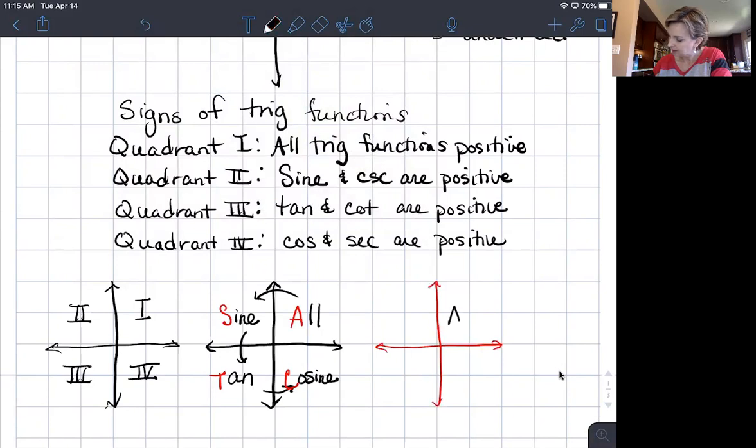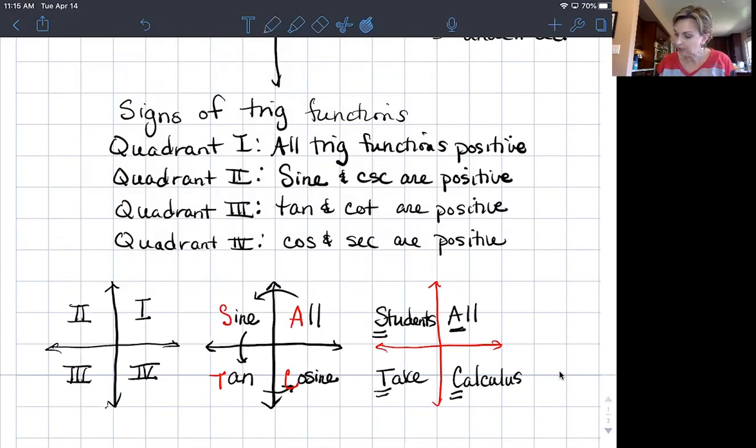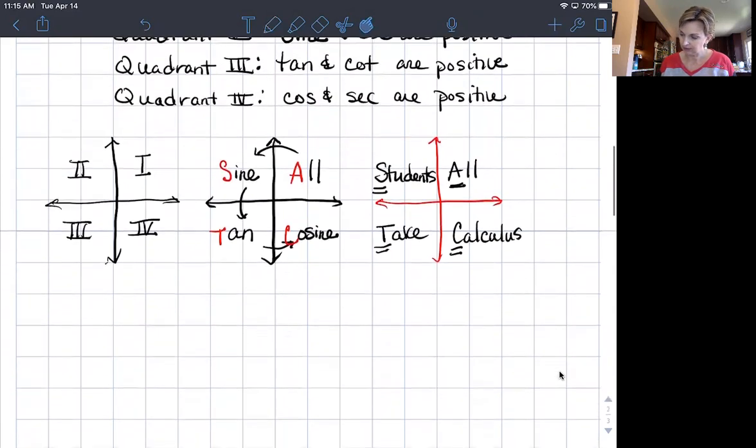And that's: All Students Take Calculus. All, A; Students, sine; Take, tangent; Calculus, cosine, to help you remember, again, which trig functions are positive in which quadrant. Those are the positive ones. The other ones are negative.